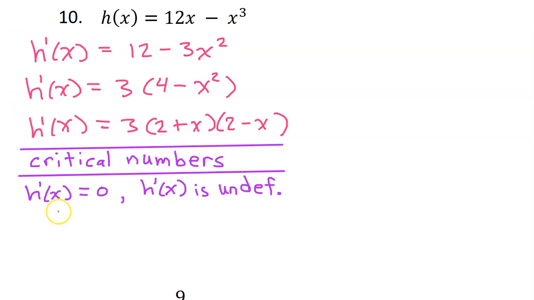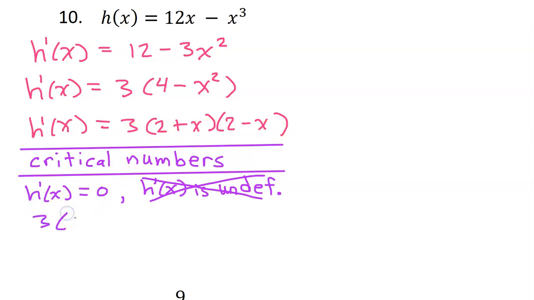Critical numbers are values of x that will cause h prime to equal 0 or cause h prime to be undefined. Since h prime is a polynomial, there is no value that will cause it to be undefined, so we can forget about that. So where will h prime equal 0? Let's just set it equal to 0 and solve.